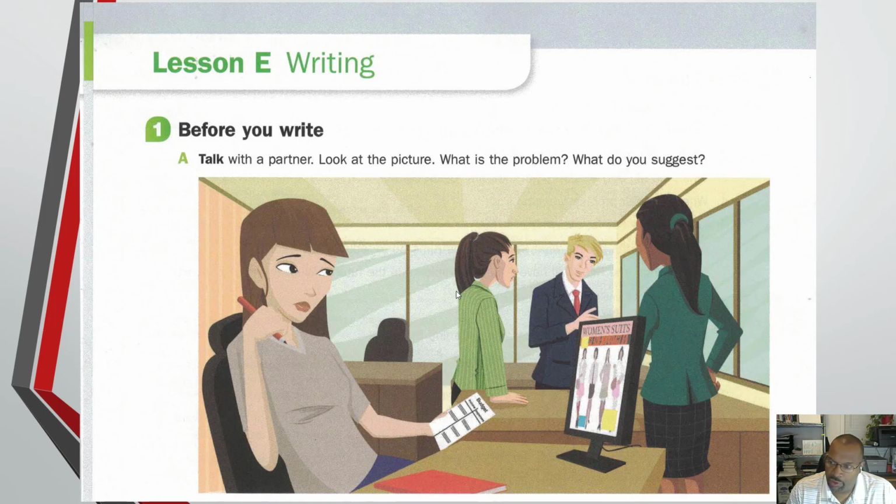Well, let's look at this picture and see what we can find here. We have a lady who's sitting at a desk and she looks a little worried. She has a red pencil in one hand, and she has a budget in her other hand. So this might be her budget.